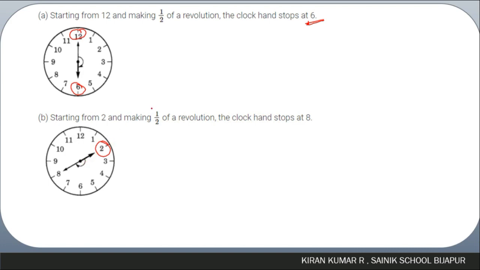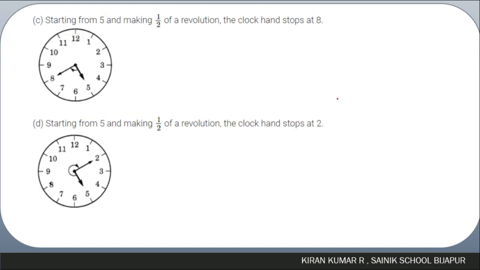Remember friends, half a revolution refers to making 180 degrees. So at 2 I need to take 180 degrees, it stops at 8.